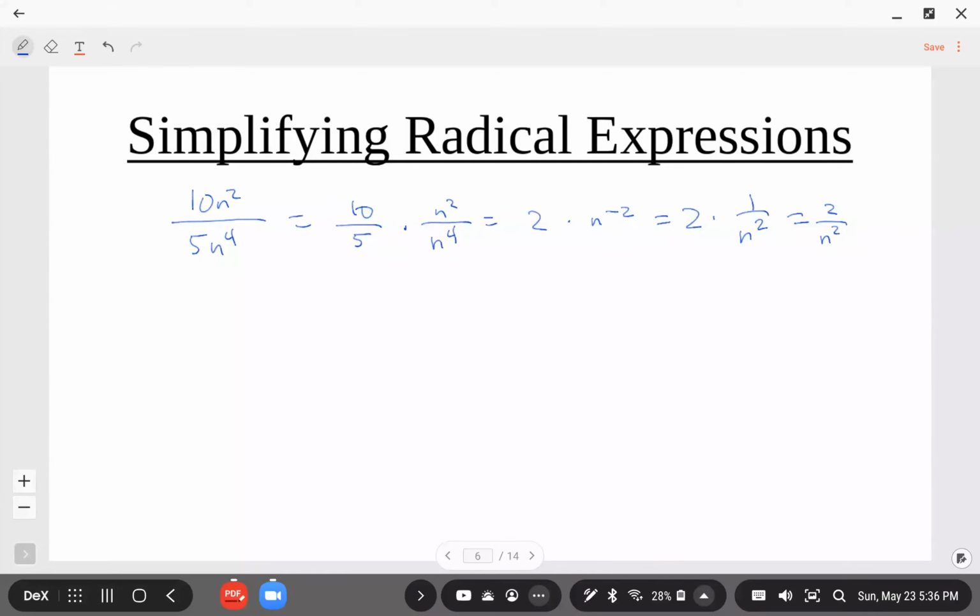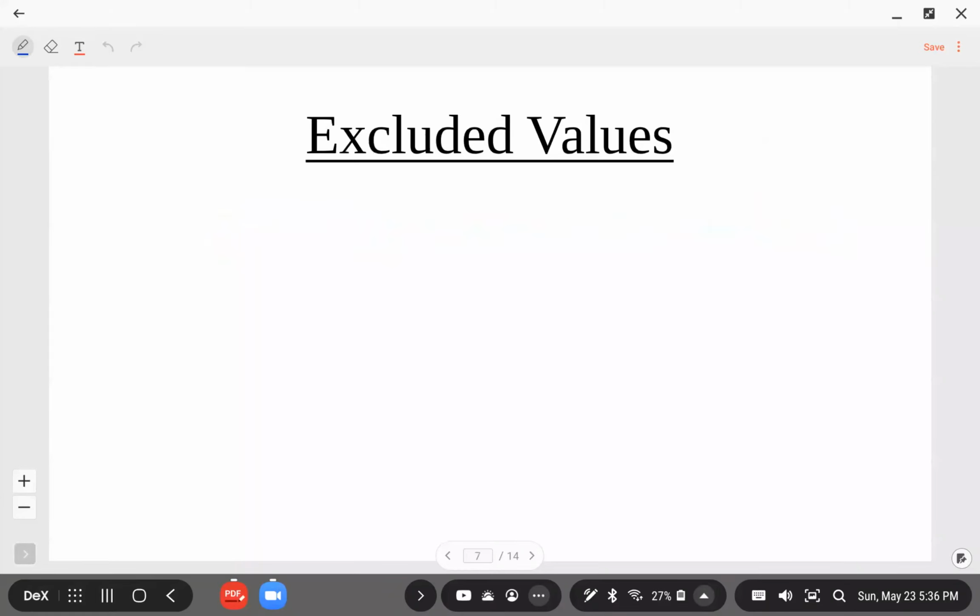All right, so now we are going to learn about excluded values. N does not equal 0. Why? Excluded values are basically values where the denominator equals 0.